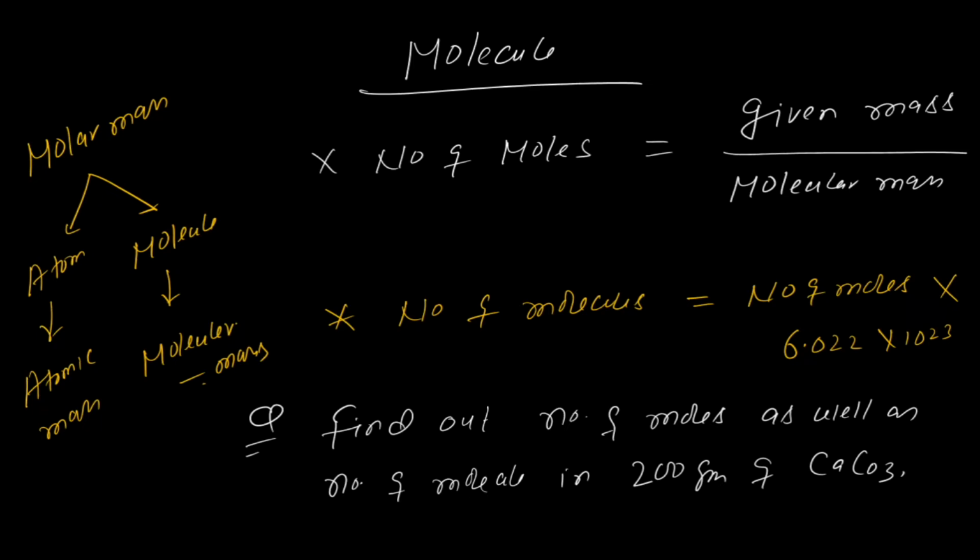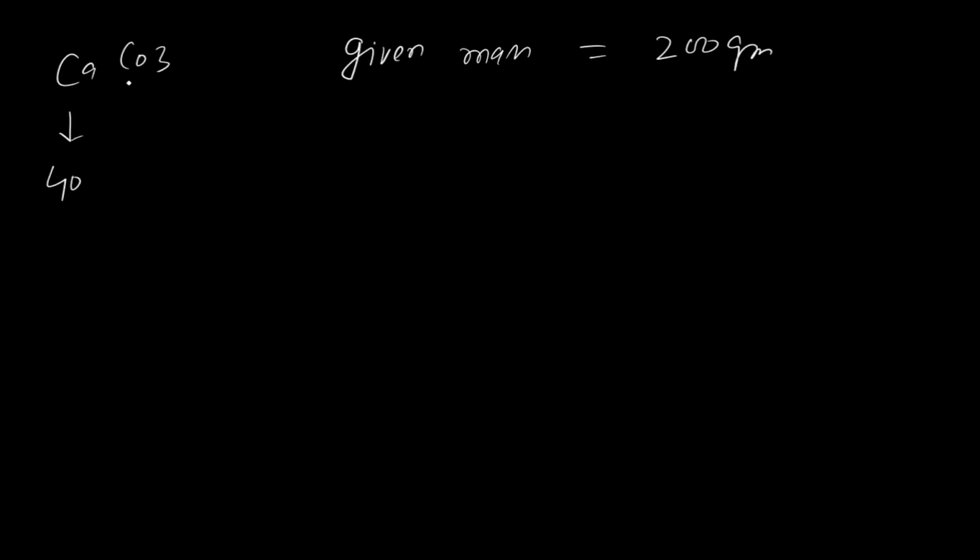First you have to see which values are given. They have given the given mass, so given mass is 200 gram. Now you have to find out the molecular mass of calcium carbonate. The atomic mass of calcium is 40, carbon is 12, and one oxygen has the atomic mass 16.